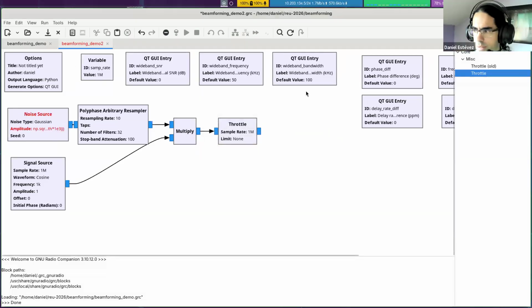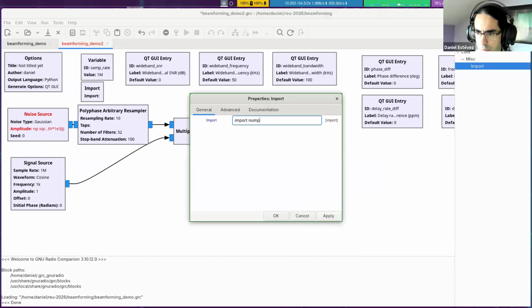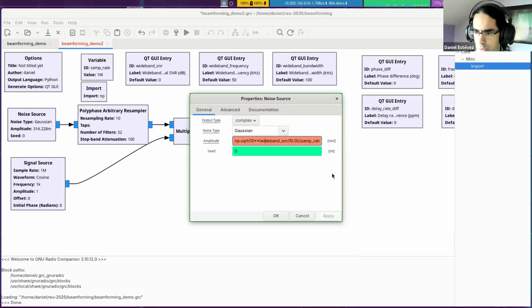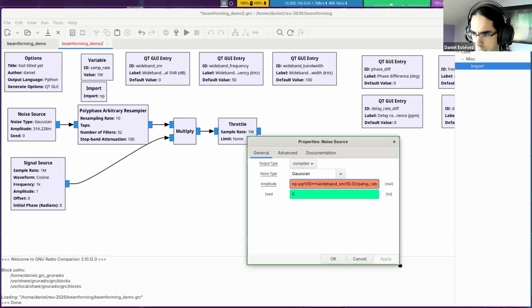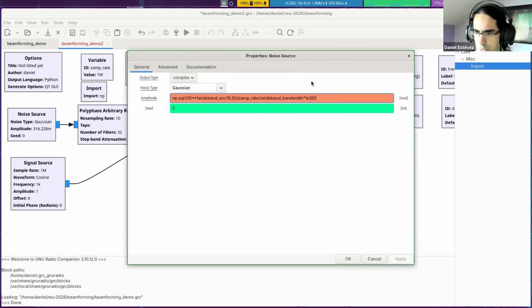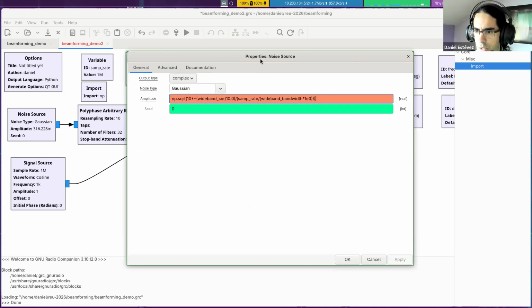I need to import NumPy. So I can import NumPy the same as the other week. Import NumPy as NP, and then we get our number. So let me see if I can make this thing larger. Yeah, and we can see the whole formula.